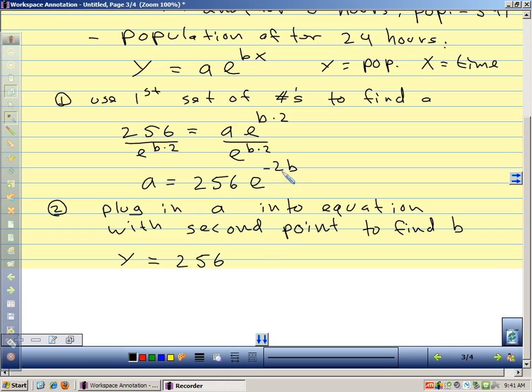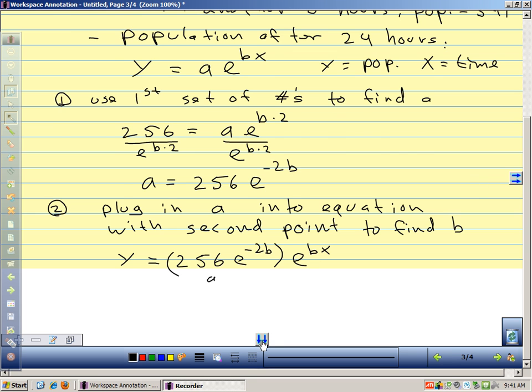So a is 256 e to the minus 2b, times e to the bx. I'm just substituting this value of a into this equation.